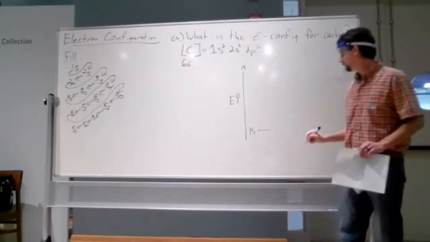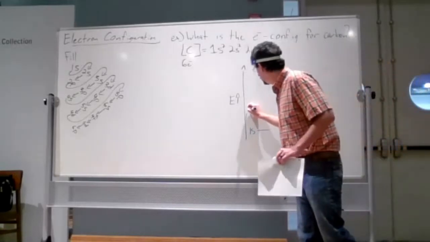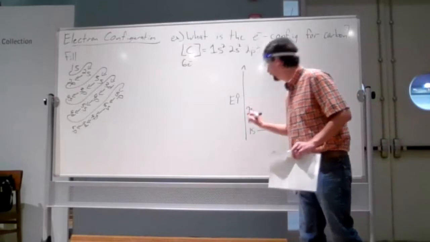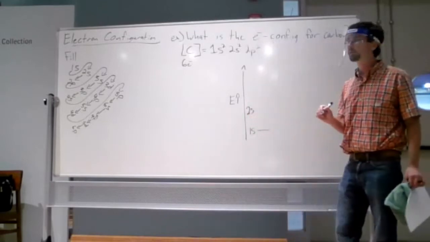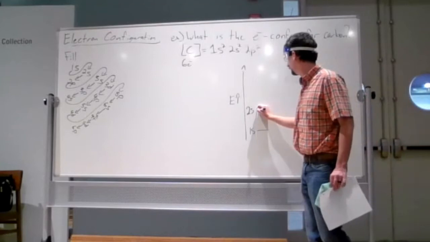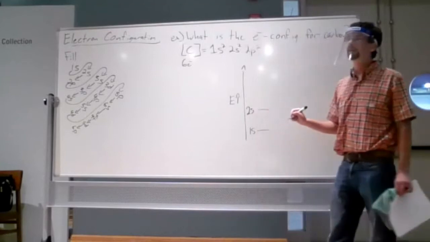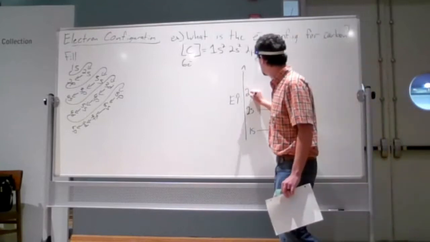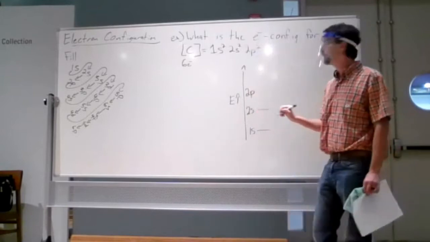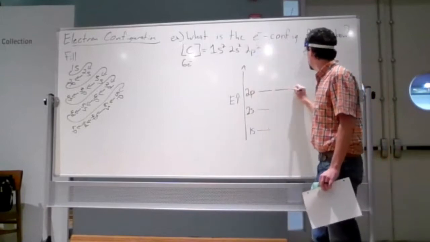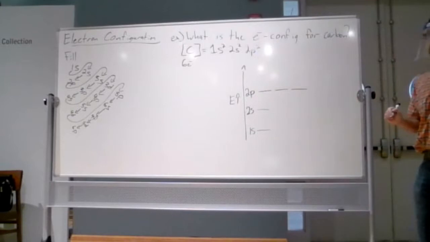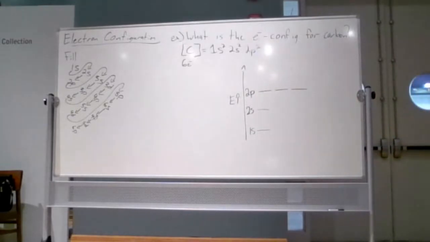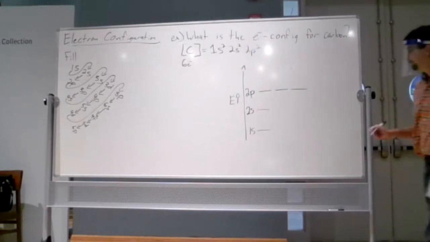Yep. Okay. What about 2s? How many orbitals of that do we have? 1 again. How many p orbitals do we have for 2p? 3, yep. 1, 2, 3. Okay, let's check that out.